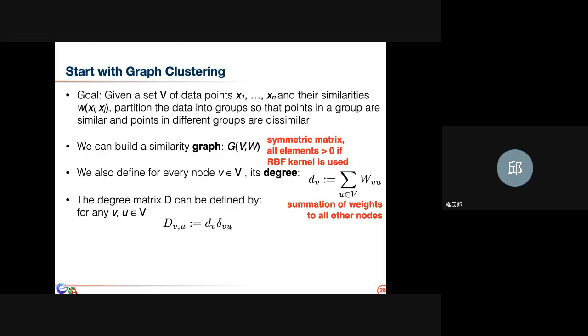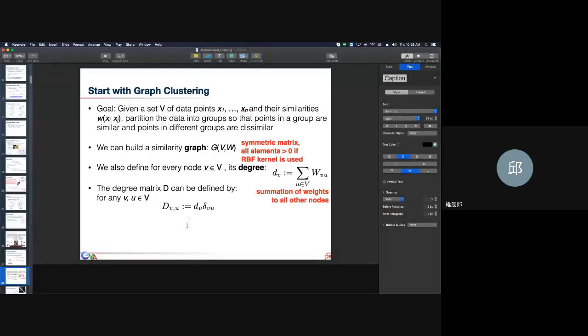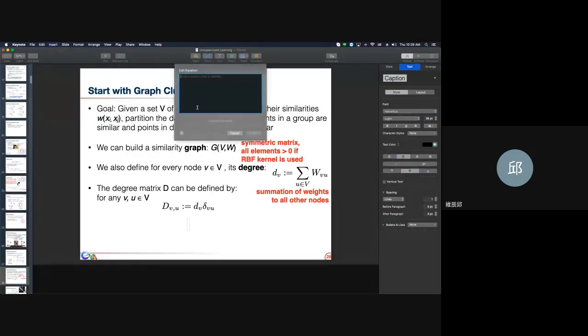The definition of the delta function is like this: delta VU equals 1 if V equals U, and 0 otherwise.